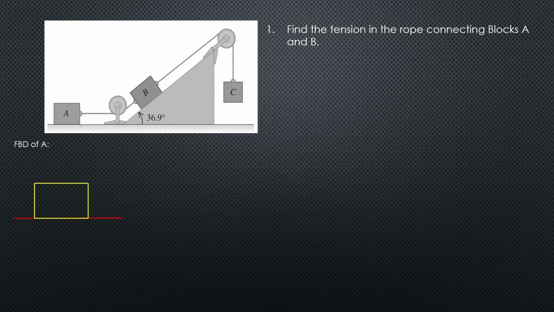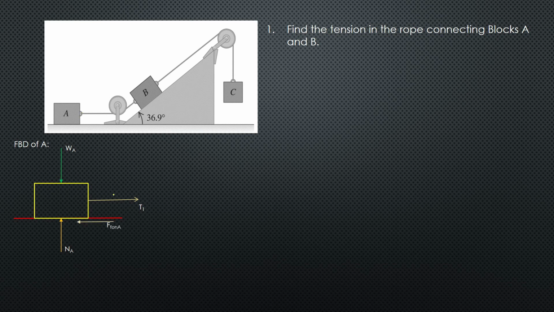We always said that weight has a downward direction, due to gravity. The normal force is perpendicular to the surface, and the tension of the rope is given as T1, similar to the figure.